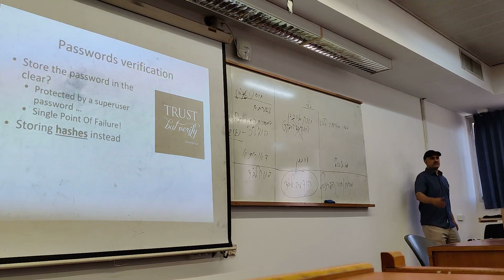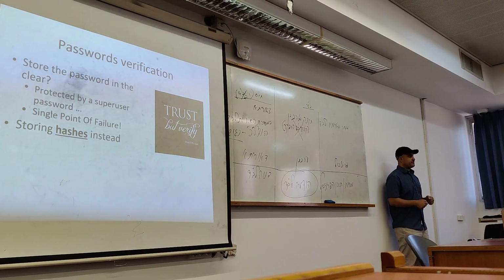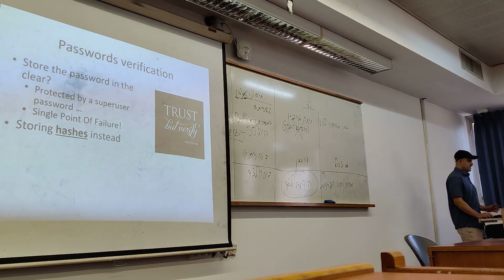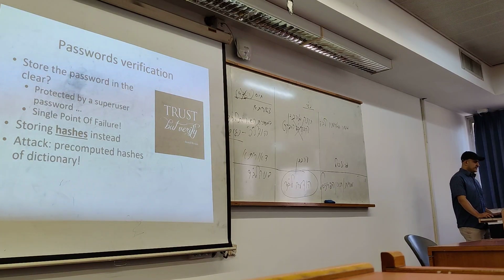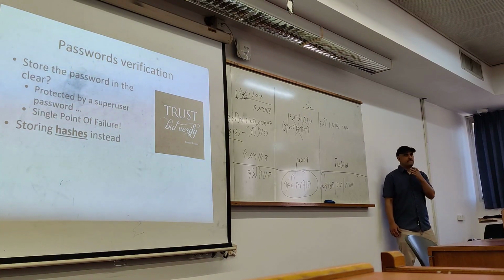As you just suggested, we can store hashes instead. So we don't store the passwords. We store the hashes of the passwords. Okay, so we store the hashes. What could the attacker do? If he had a list of the most common passwords, he could generate a hash of those and compare the hashes.